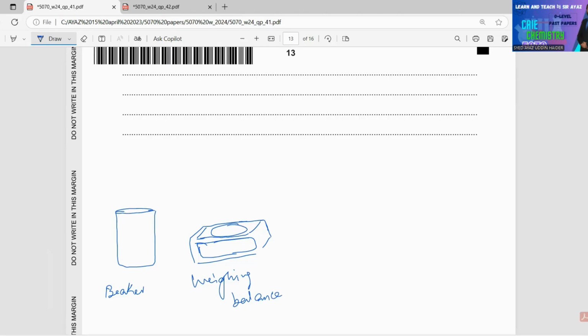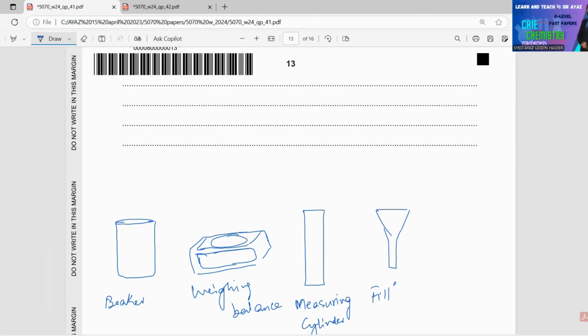Measuring cylinder. Filter funnel. You can even have a stirrer for this reaction, a glass rod.